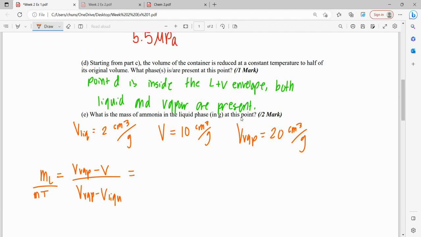So then this would be (20 minus 10) over (20 minus 2), which is equal to 0.5556, which is equal to mass of liquid over total mass.